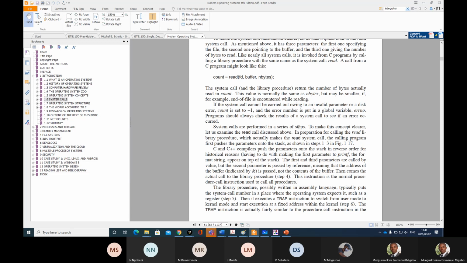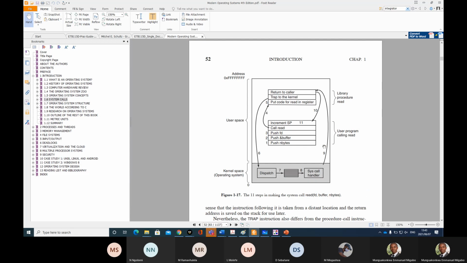In preparation for calling the read library procedure, which actually makes the read system call at the end of the day, the calling program, could be a program in Java or anything like that, will first push the parameters onto the stack. And that's clearly illustrated in figure 1.17, which is this. So the parameters that are needed will normally be pushed onto the stack.